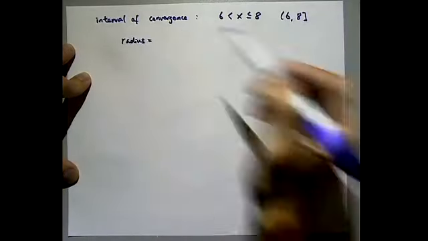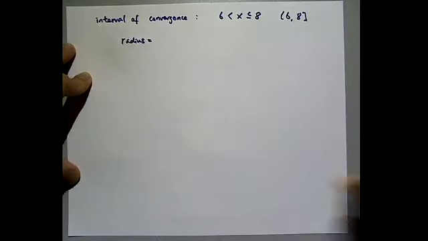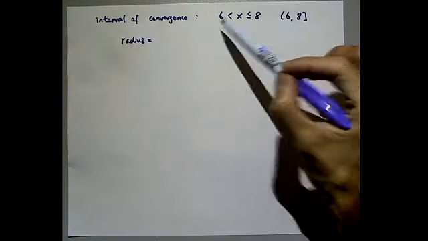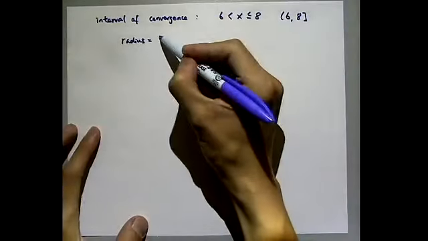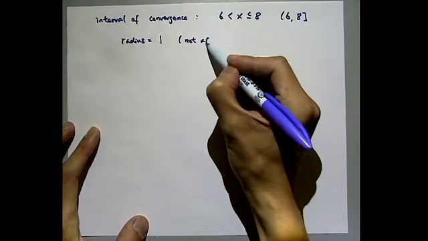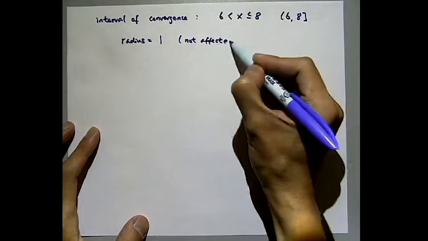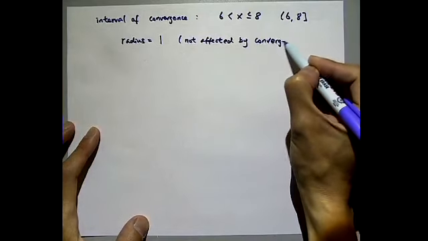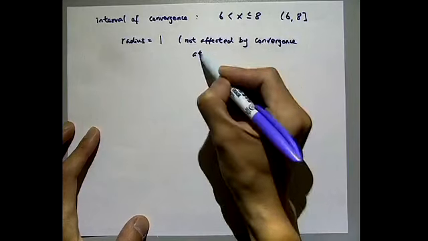Radius is what? What's the radius? 1. You center at 7, and you go 1 and 1, so that's your 1. So again, this is not affected by convergence at endpoints.